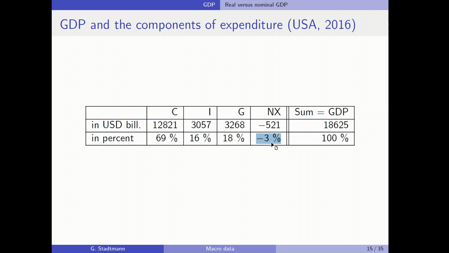The US has a current account deficit, China has a current account surplus, and therefore these economies and also the political leaders are arguing about the current account surplus and the current account deficit. So here we see one source of why there is a trade conflict between the US and China.